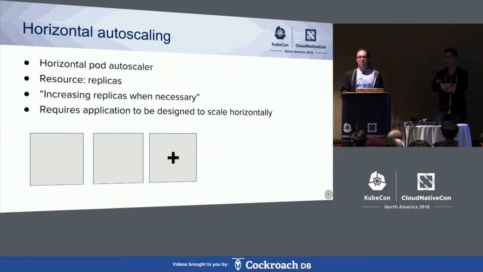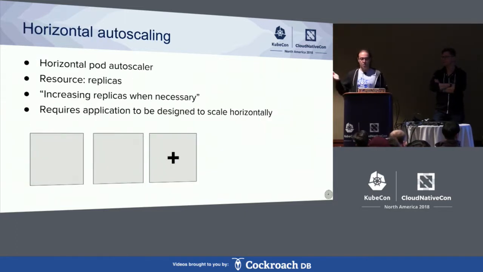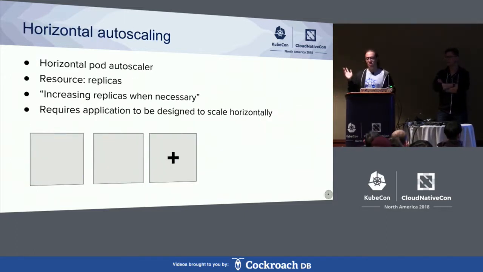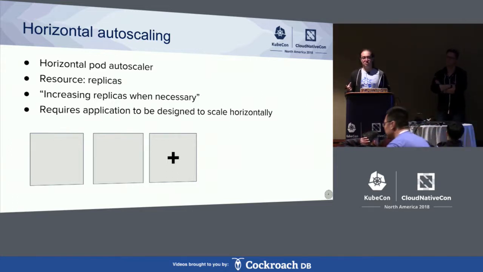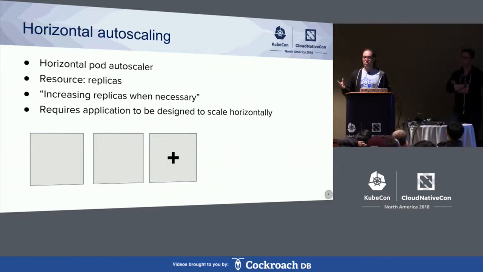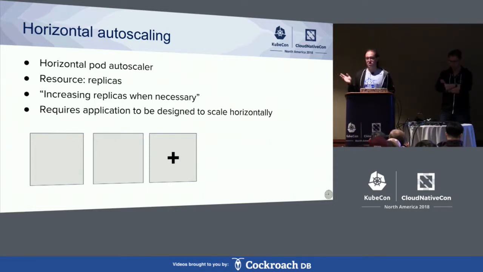Or we might say that we generally want each instance of our application to be serving, say, 50 requests per second. And then, at a regular interval, the Horizontal Pod Autoscaler will look at the actual resource usage of our application. So maybe our actual requests per second that a single instance is serving is 100, or the actual CPU is 1 core.